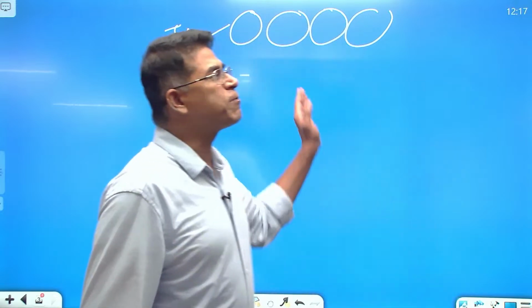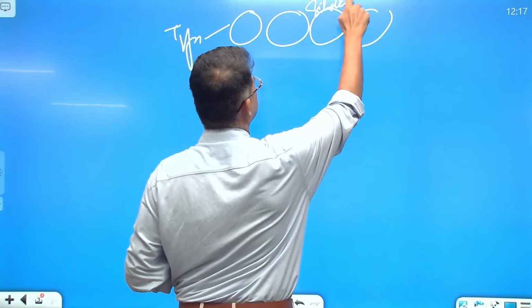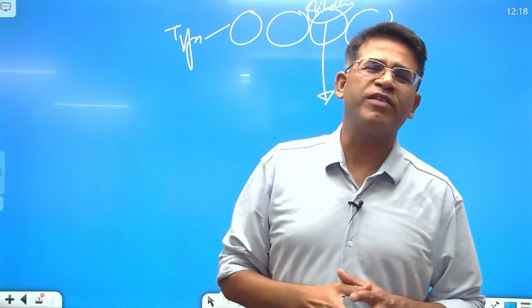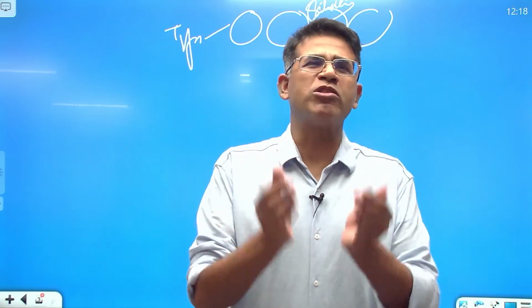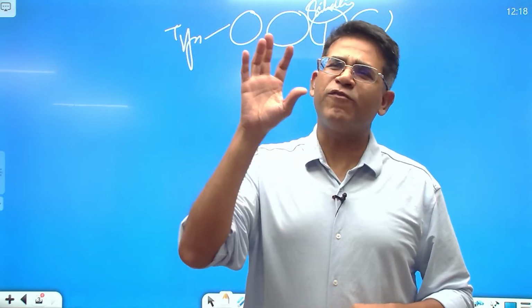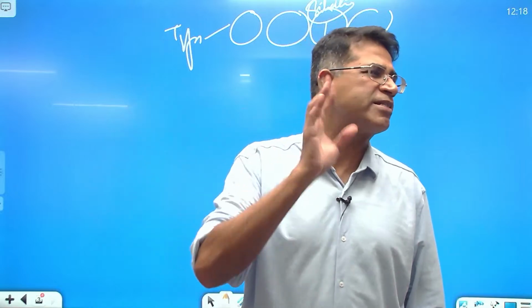So there are different groups of minerals, but I said I'll focus on silicates, because silicates are more abundant in the earth, and you find more silicates in the outer layers of earth. So that's why I focus on silicates, but baki compounds bhi hai. I gave some examples yesterday.